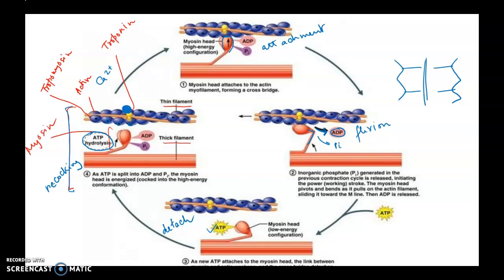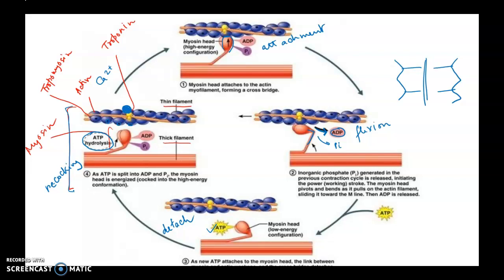In the next step, there is attachment where the myosin head will swing to attach to the active sites on actin proteins. And after attachment, the myosin heads will flex by a process called flexion. And as the myosin heads flex, that pulls the thin filaments towards the M line, resulting in shortening of the sarcomere.